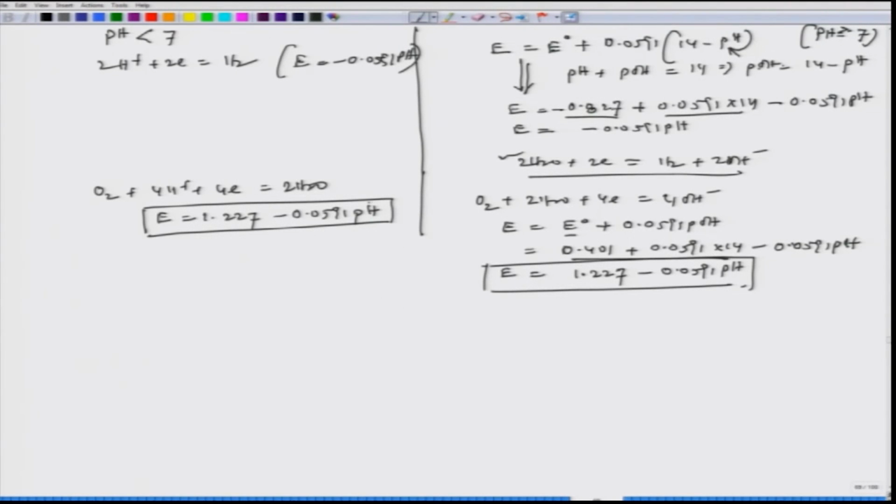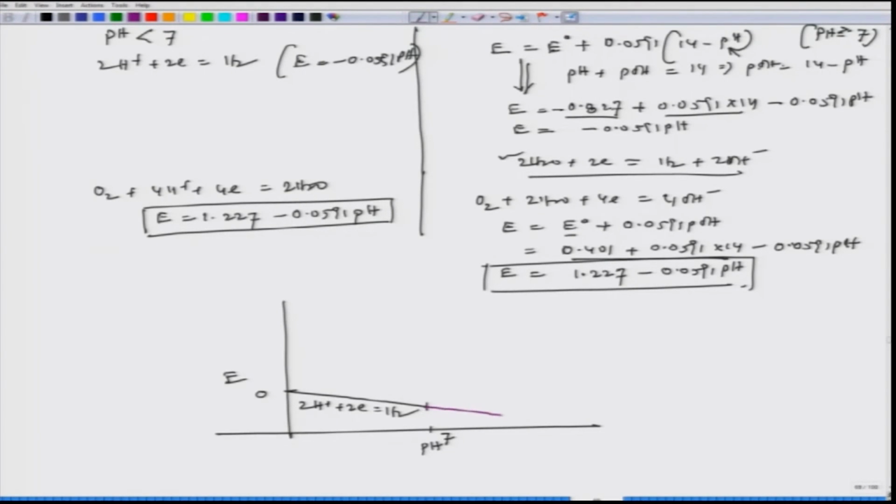Now, if we would like to plot these reactions on the Pourbaix diagram, E versus pH, this value is 0 and then up to pH 7 we have H2, and then if we extend it, at that point it will be 2H2O plus 2e equal to H2 plus 2OH minus.